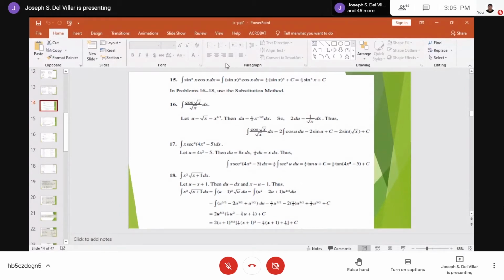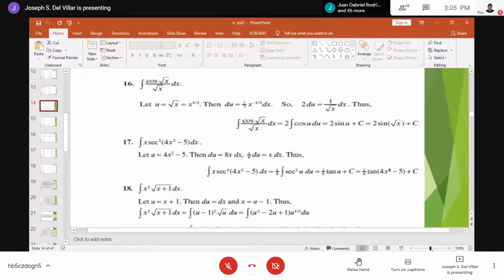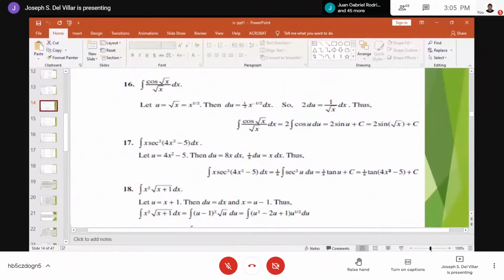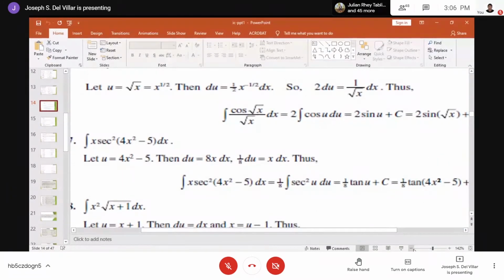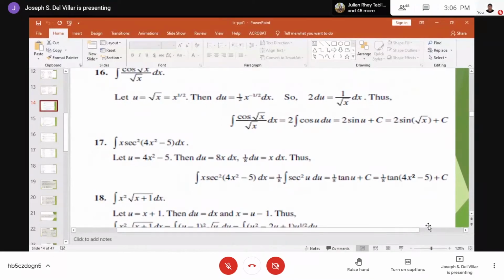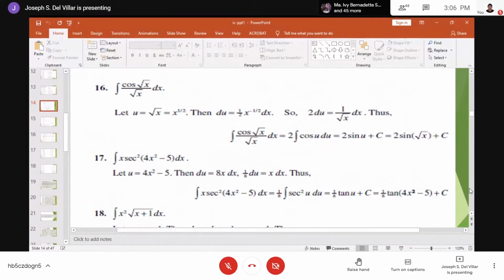Let me enlarge it so you can see. So the differential of x to the 1/2 is 1/2 x to the negative 1/2 dx.